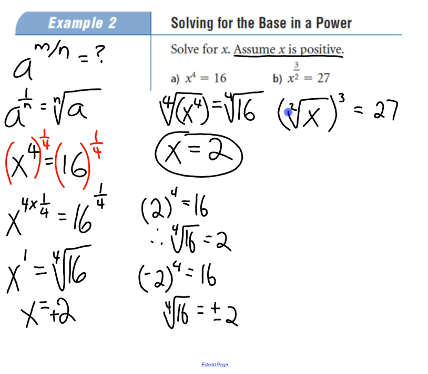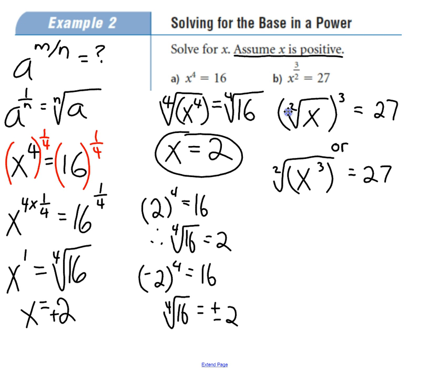Or we could write it as x cubed and then the square root of that equals 27. Neither of those on their own are particularly different, and they don't necessarily lead us to the solution right away. But what we see in both cases is that we can do opposite operations on our left side so that we can get closer to x.